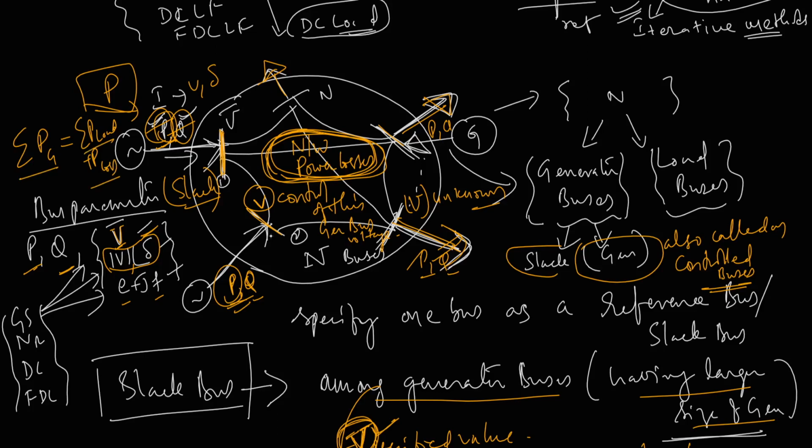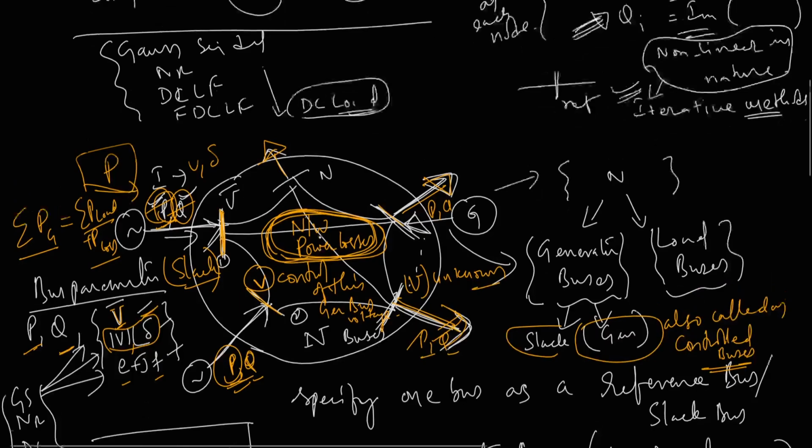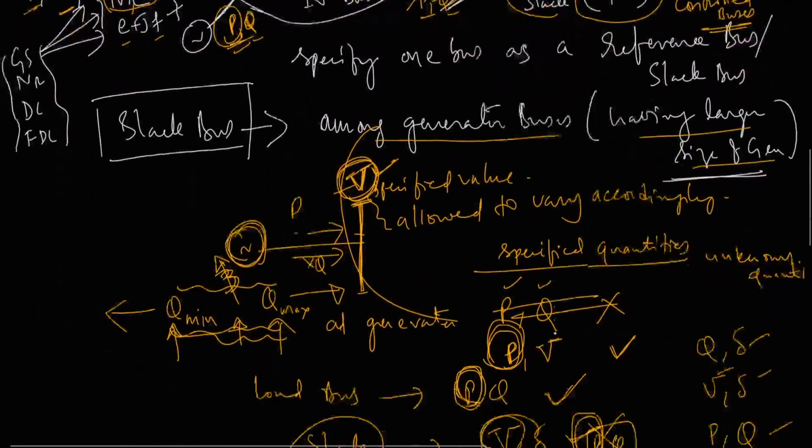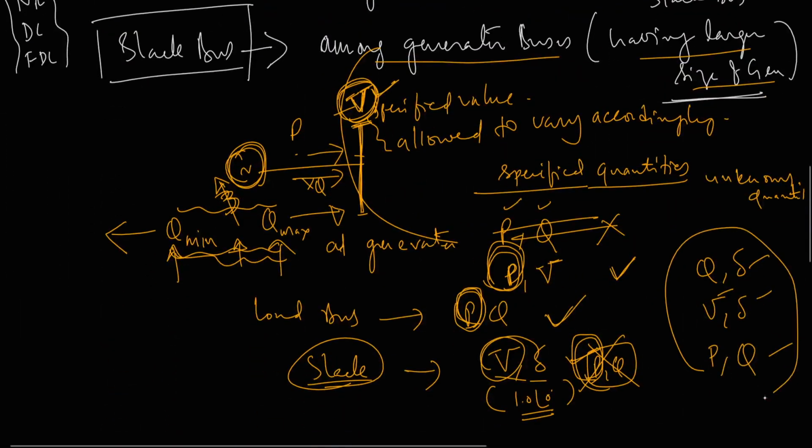Now this is a brief idea about the bus classification and the four parameters P, Q, V and delta at each bus, which are specified at each bus and which are to be found.